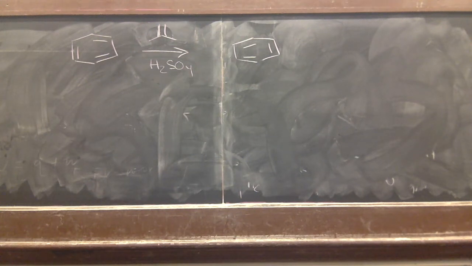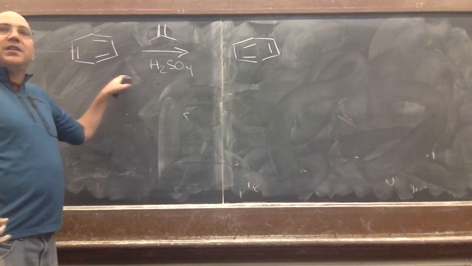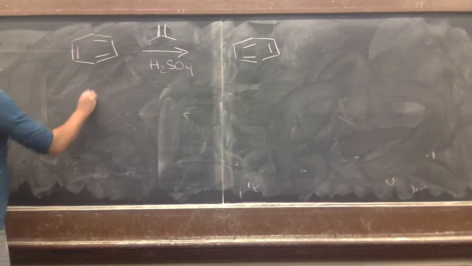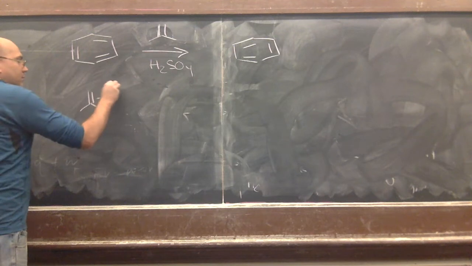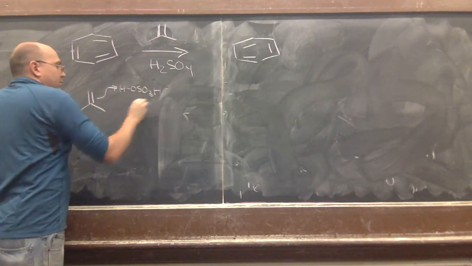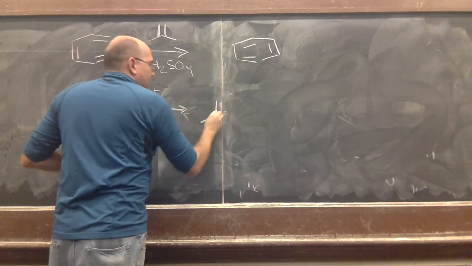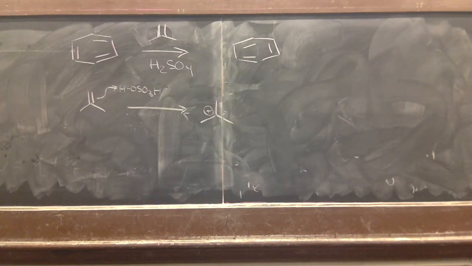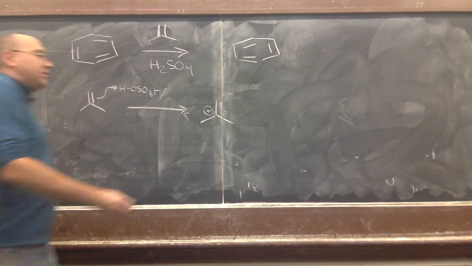So what do you think the first step is? Again, we want to make a strong electrophile to react with the aromatic group. So the sulfuric acid isn't going to react directly with the benzene. It's going to react with the alkene, right? Okay. Now that we have our carbocation, what's going to happen? Something's going to attack.